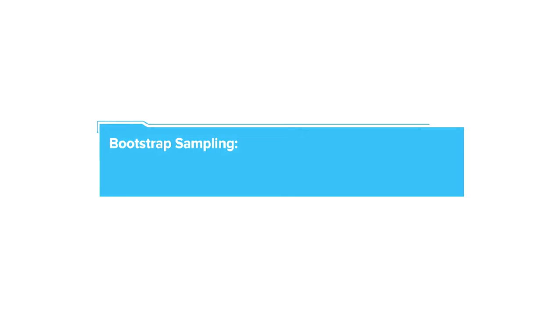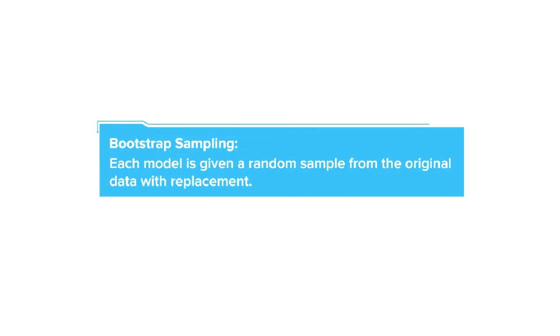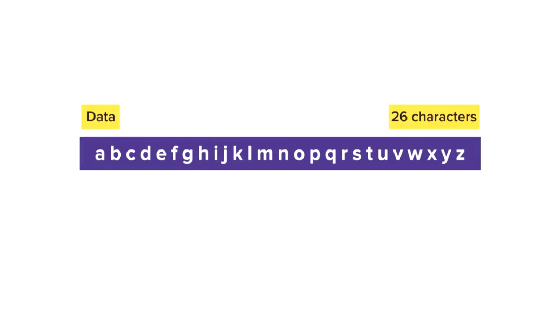Now, to overcome this issue, we use the concept of bootstrap sampling. In bootstrap sampling, each model is given a random sample from the original data with replacement. To create sample 1, we select 26 values from the original data at random.